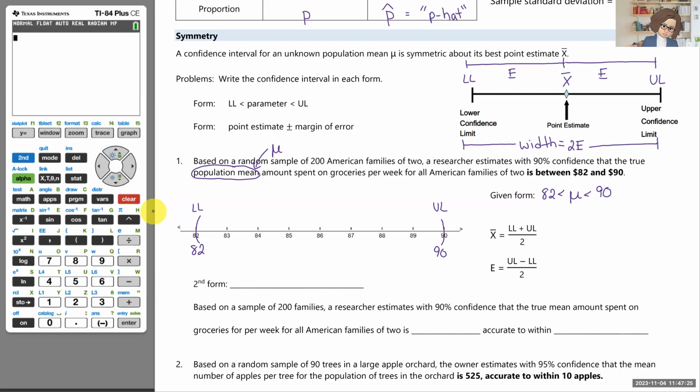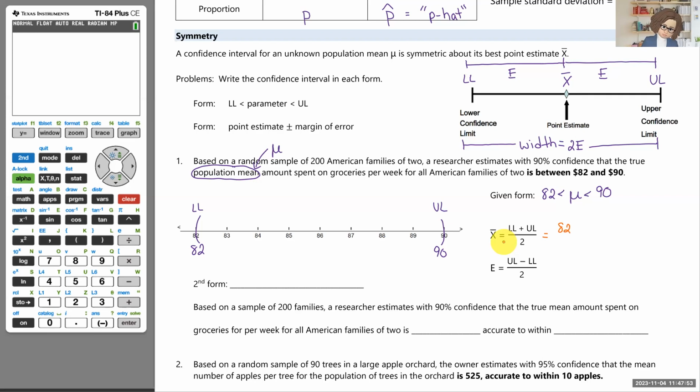In order to convert it to the other form, we're interested in what was the point estimate and what was the margin of error. Because the point estimate is always in the center of the confidence interval, and because this one has such nice numbers, I can see the answer 86 there in the middle. But in order to find it mathematically, we can just average the lower limit and upper limit.